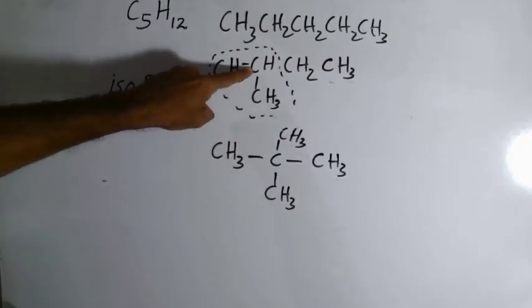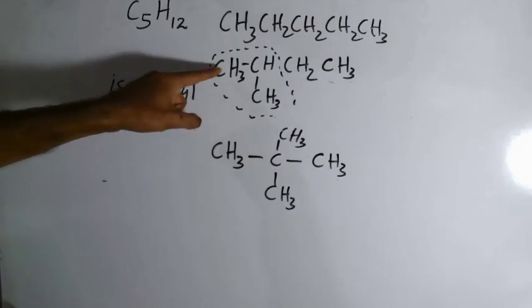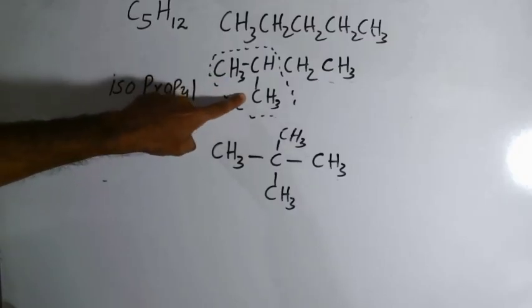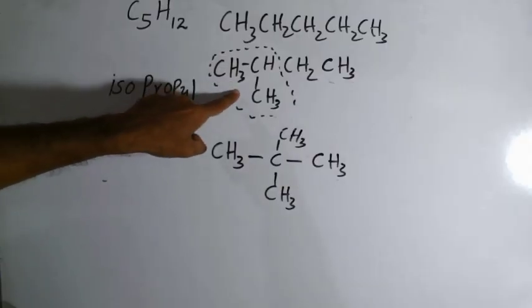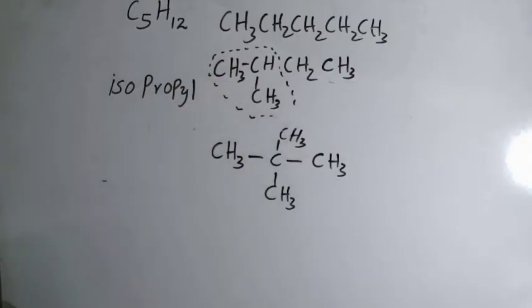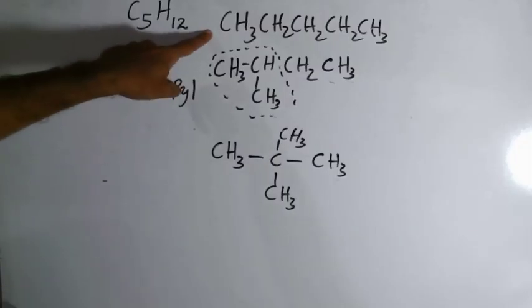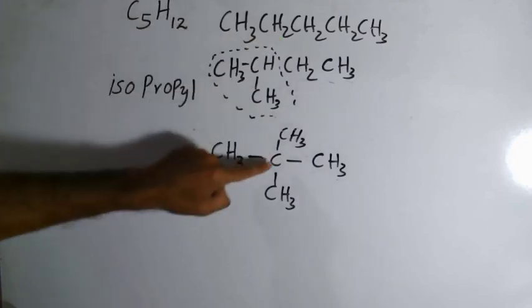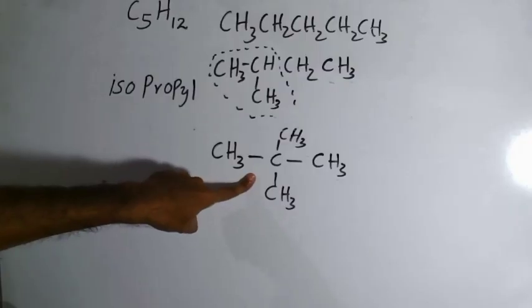There are 3 carbons, but it is isolatedly connected. The 3 carbons are not found in the main chain. So we will identify that as an isopropyl group. So then we can say pentane has 3 isomers. This is n-pentane, the straight chain isomer. This is a branched one. This is again another branched one.